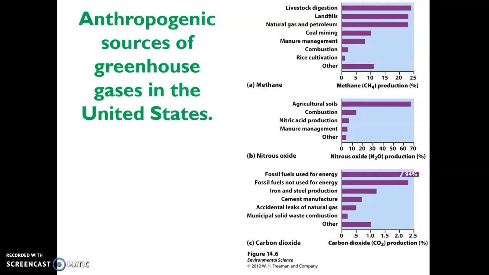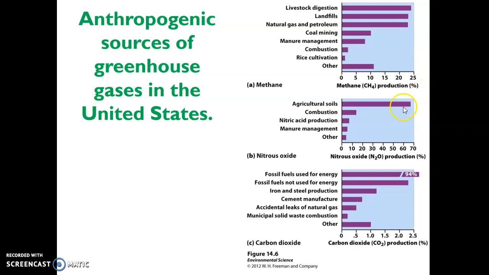If we look at nitrous oxide, we can see that the vast majority, almost 70%, comes from agricultural soils. So why so high? That's because nitrogen is added as a fertilizer in higher quantities than would normally be applied, because it is a limiting nutrient.